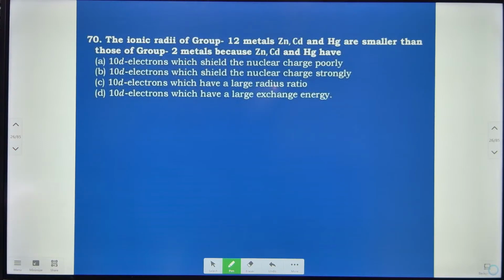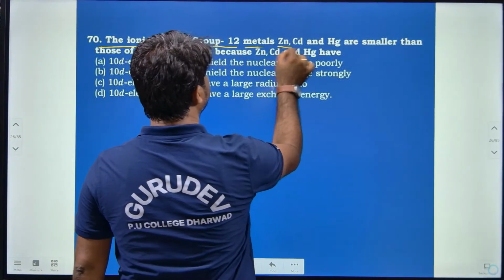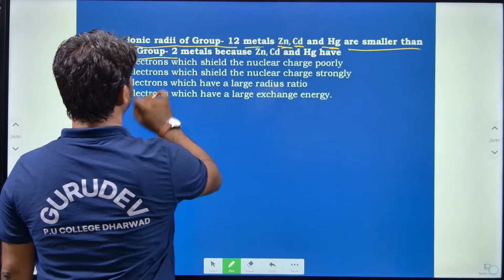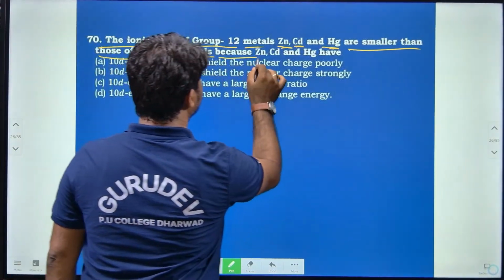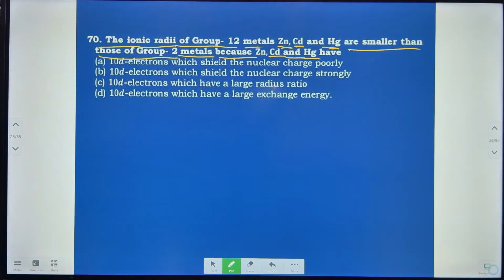Question number 70. It says that the ionic radii of the group 12 metals like zinc, cadmium and mercury are smaller than those of the group 2 metals because zinc, cadmium and mercury have 10 electrons which are strongly shielded in their nuclear charge.